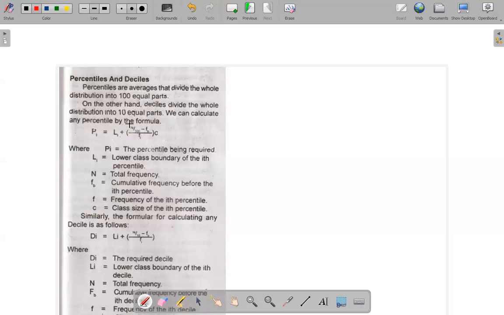You can calculate any percentile by the formula Pi equal to Li plus Ni over 100 minus Fb all over Fi times C. Now, what does each of these stand for?